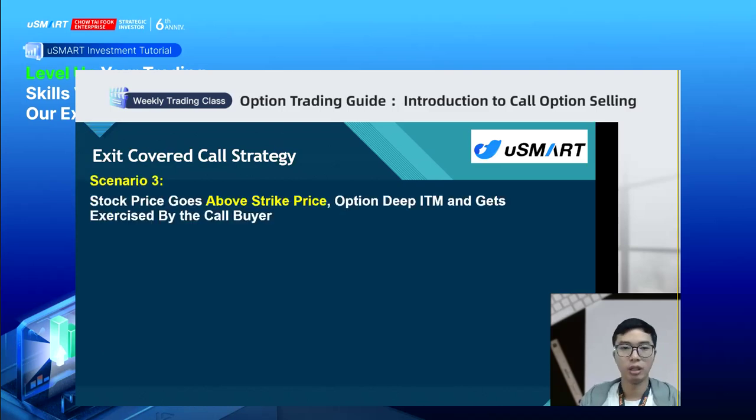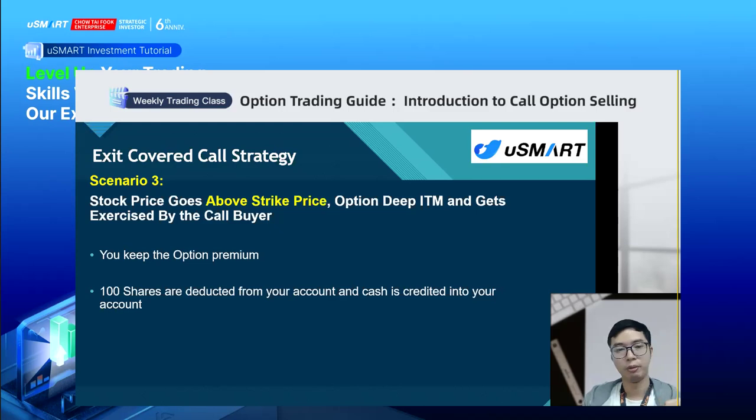And for scenario three, when the price goes above the strike price, it means it hit our TP, our target profit. So the option is deep in the money and gets exercised by the call buyer. When we started to sell the call, we already kept the premium. But the strike price is hit when the market is above the strike price.